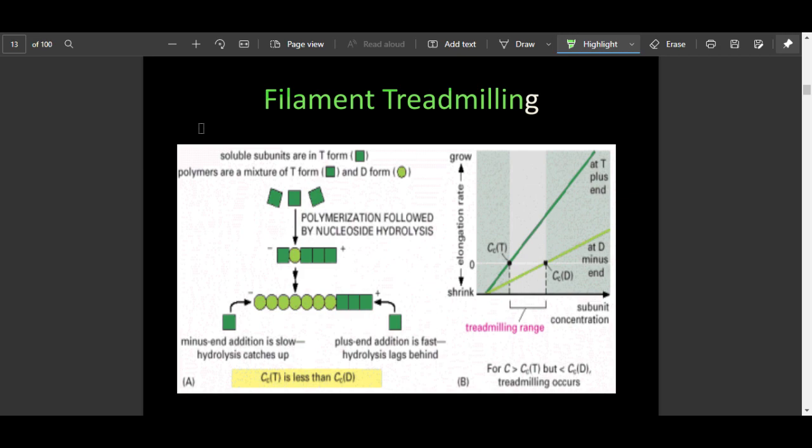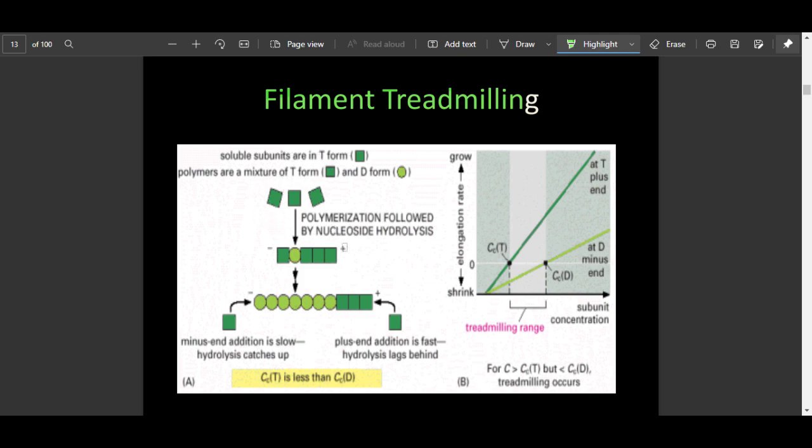Here the picture shows soluble subunits in the T form. The polymer is a mixture of the T form, like the ATP form, and the D form, like the ADP form. Polymerization is followed by nucleoside hydrolysis, after subunit nucleation.